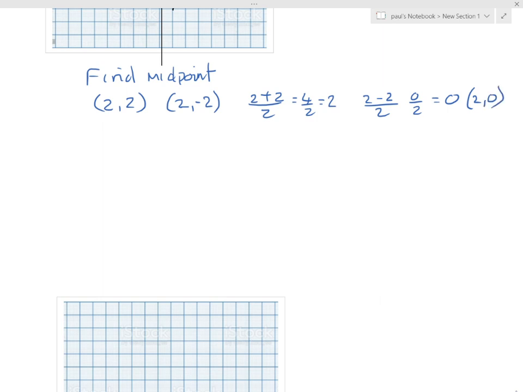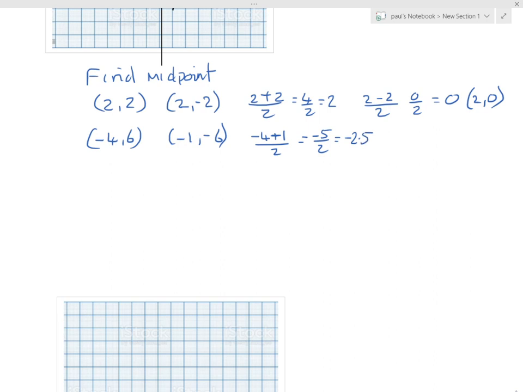Do another one. Minus 4, 6 and minus 1, minus 6. Oh, minusy, minusy. Right, so minus 4 add minus 1. Minus 4 minus 1 over 2, which equals minus 5 over 2, which equals minus 2.5.